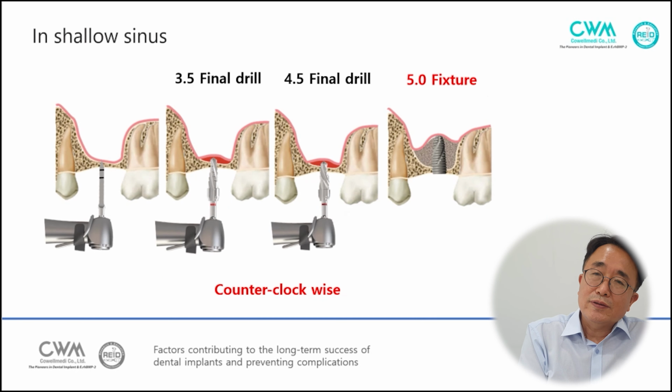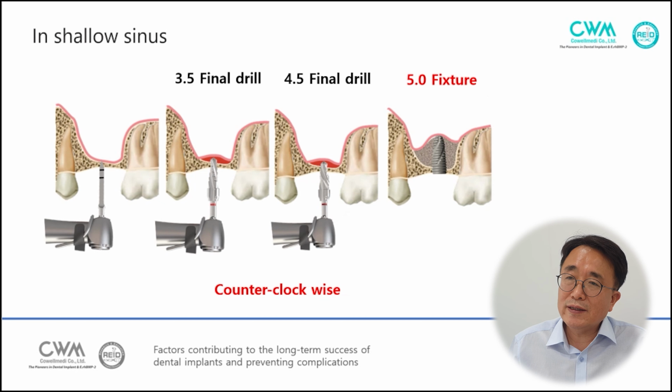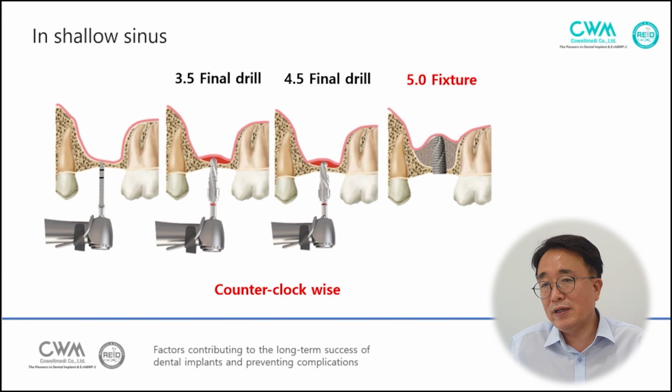In a shallow sinus, with a remaining bone height of 2 or 3 millimeters, we have to do compressive implant placement. But cortical bone is slightly dense, so the final drill is 4.5 for the diameter 5 implant.